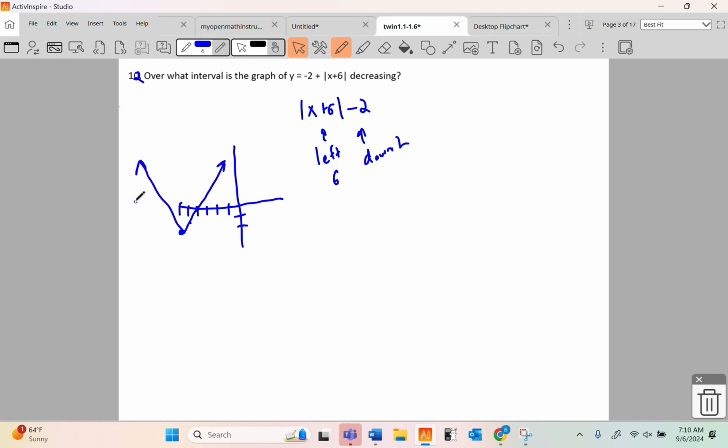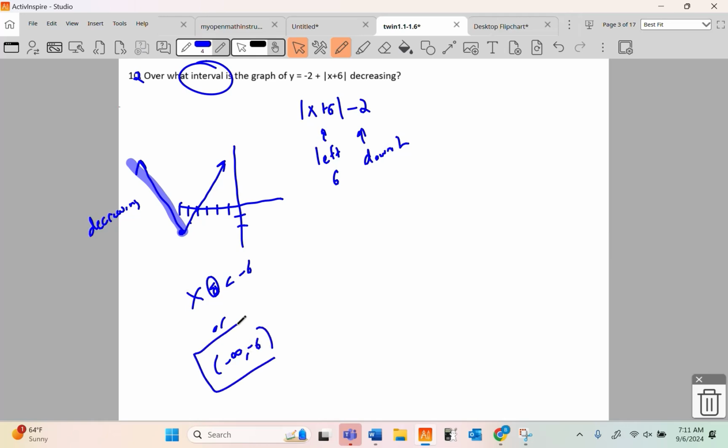And decreasing means downhill slope. So this is the piece right here that's decreasing. It's decreasing as long as your x value is less than -6. And it actually wants an interval, but that's the idea. The x value is less than -6, almost put equality. Or as an interval, I'm thinking about being -6, -7, -8, -9, and so forth, -infinity all the way up to -6.